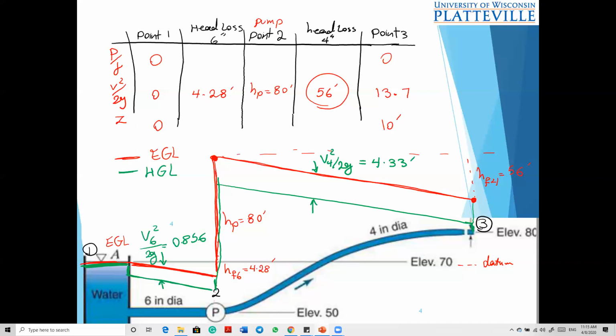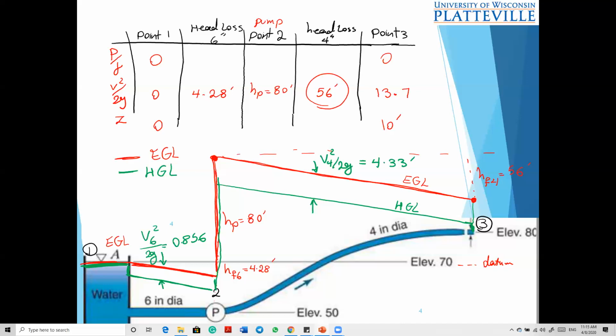All right, so this is my hydraulic grade line, and the red one is the energy grade line. That's all. So this is how we draw the hydraulic grade line and energy grade line for a piping system that has a pump. Similarly, we can do it when we have a turbine.